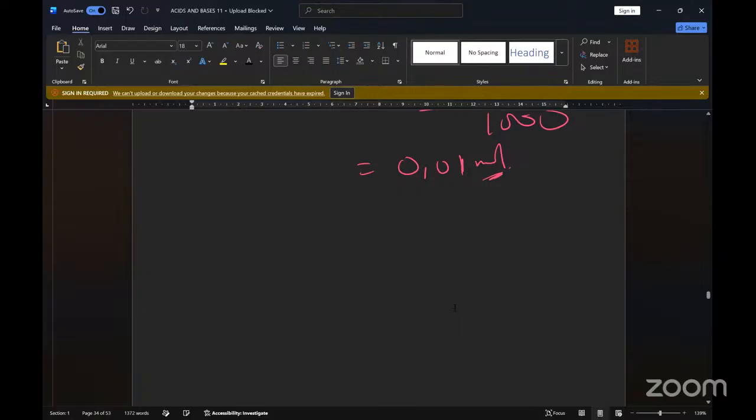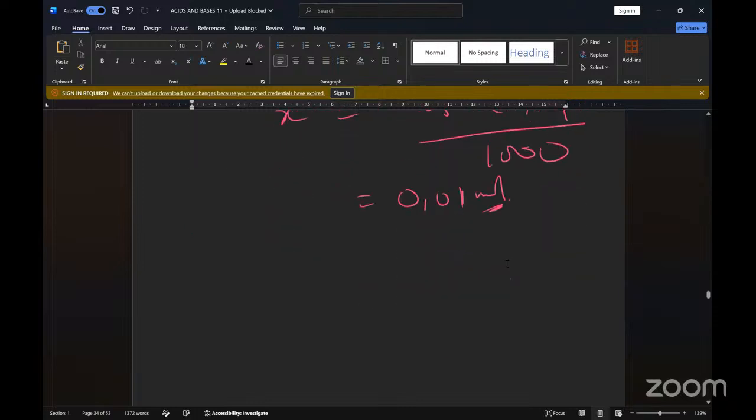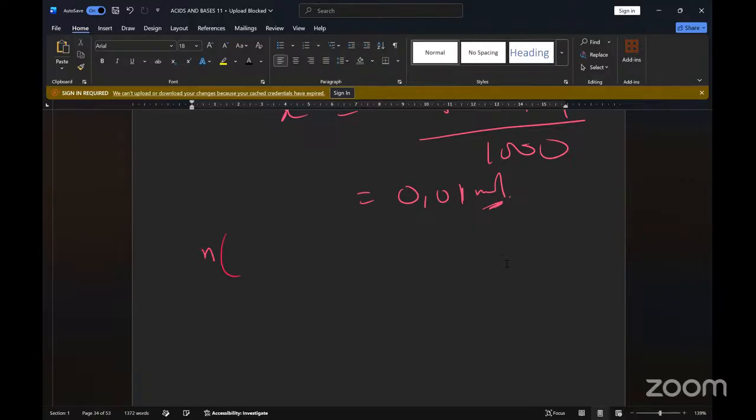So what do we do now? This is the last question. We say that the number of moles of sodium hydrogen carbonate should be equal to the mass over the molar mass.